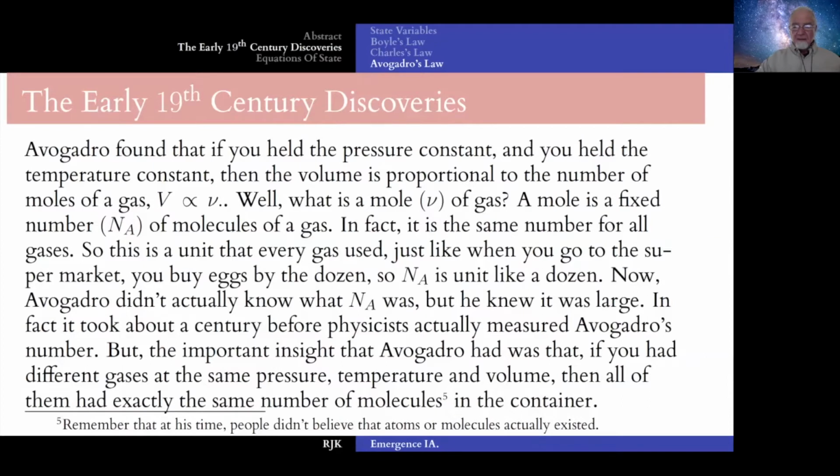They were something that people didn't think were real. But Avogadro thought they were. And it turned out he was, of course, correct. It wasn't until Einstein in 1905 showed that atoms were real in his paper on Brownian motion.